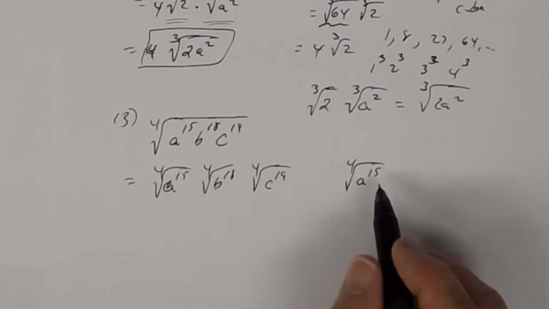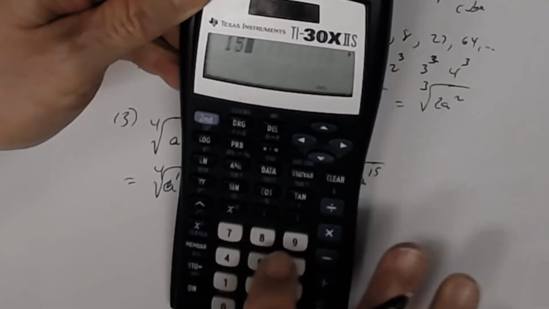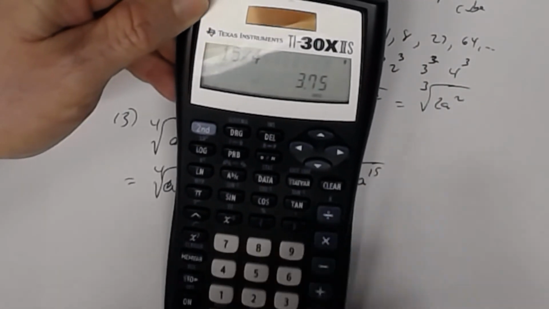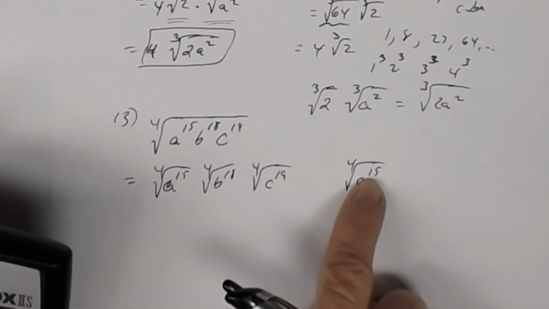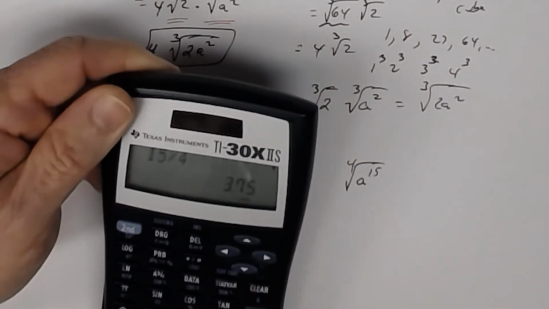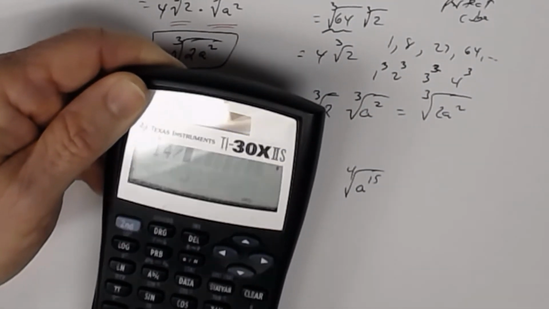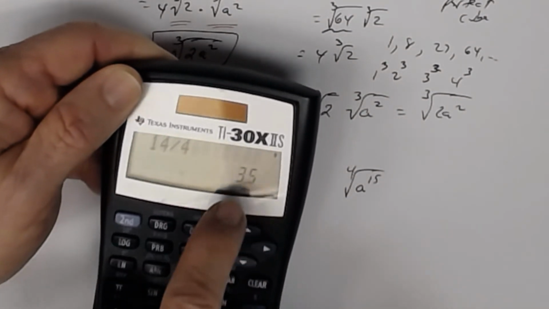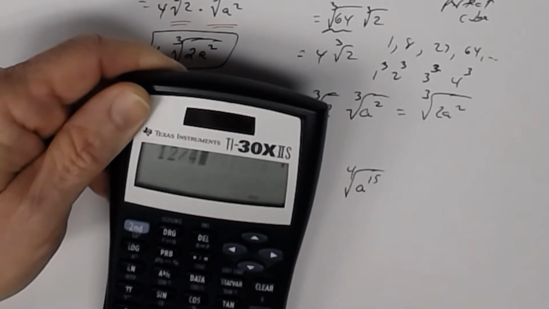You know that 15 is not divisible by 4; 15 divided by 4 is not a whole number. So you have to think of the largest integer less than 15 that is divisible by 4. Let's try 14. 14 divided by 4 is 3.5, not a whole number. So let's try 12. 12 divided by 4 is 3.